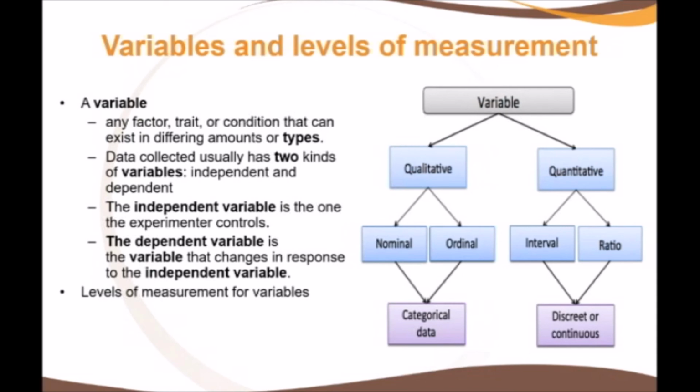So when you collect data, there are two kinds of variables. There's what we call the independent variable and the dependent, and I've kept hinting on this. The independent variable doesn't change. The dependent variable changes depending on the independent. For example, high blood pressure will change between males and females.